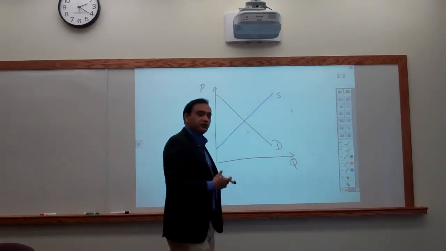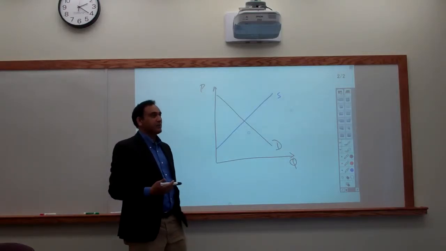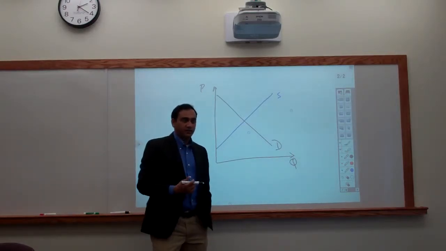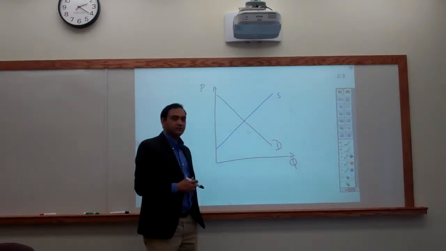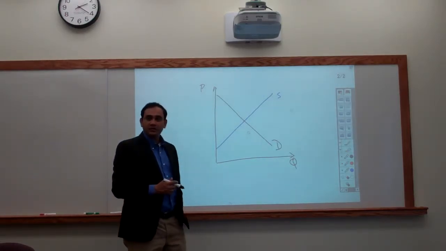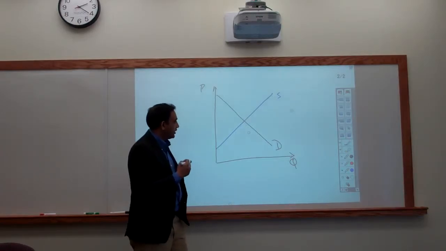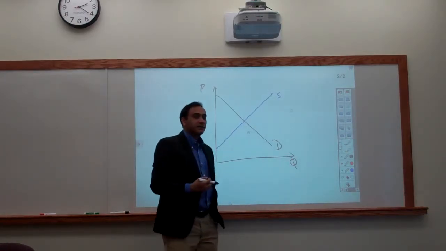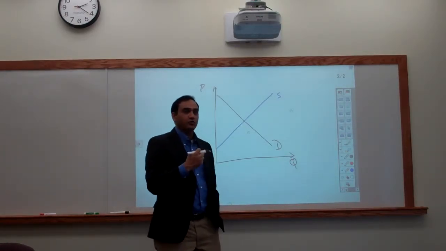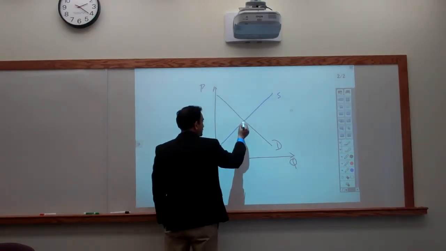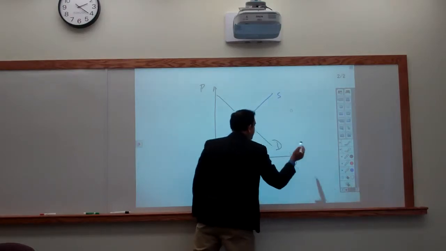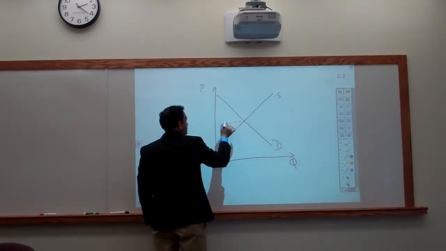So as I said, equilibrium in the market is given by the equality between demand and supply. As you can see in this diagram, there is only one quantity, or one price, at which demand equals supply. And you can see that where they intersect each other. Let me point it out here.